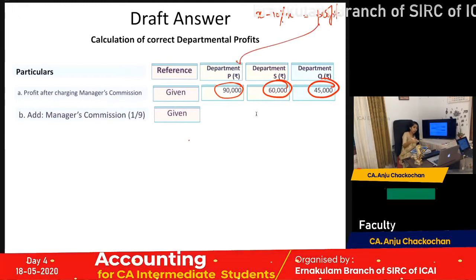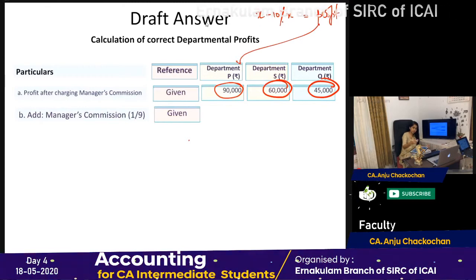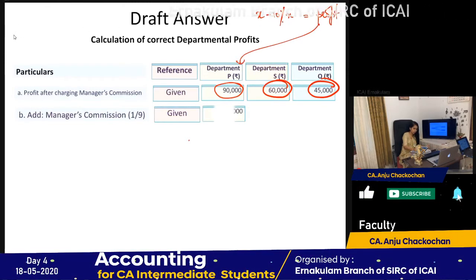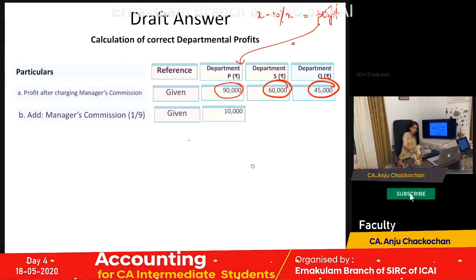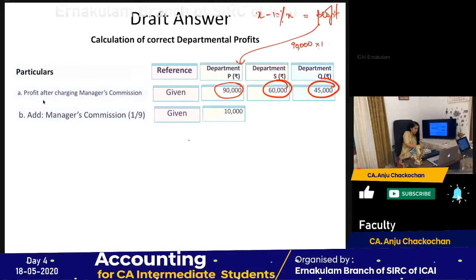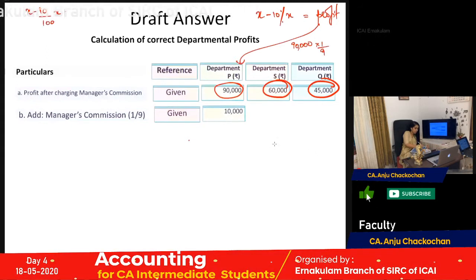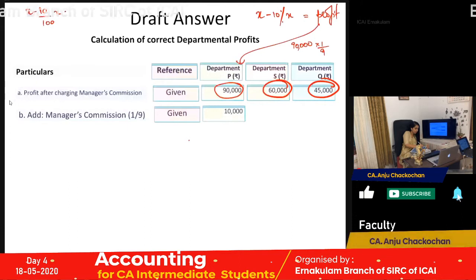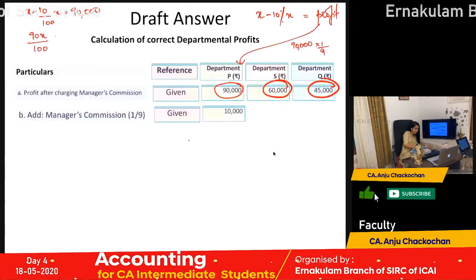How was it 1/9? In order to compute the manager's commission, what is the profit? Which is 90,000 into 1/9. You just have to sort this out. As in x minus 10/100 x is equal to the profit of 90,000. So here we have 90x by 100 as 90,000.